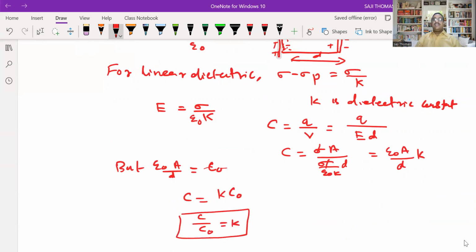So what will happen if a dielectric slab is filled in the space between the plates of the capacitor? The capacitance increases by K times.